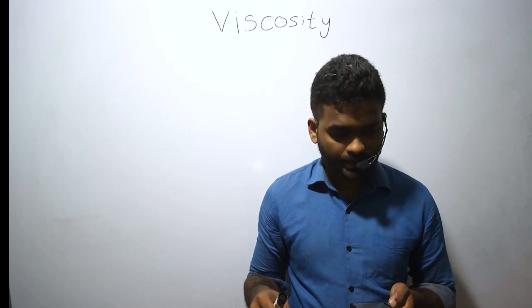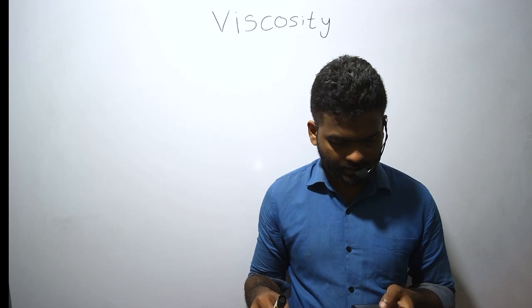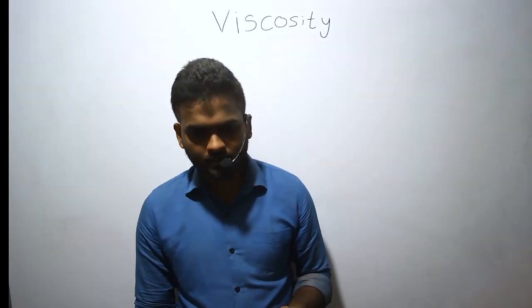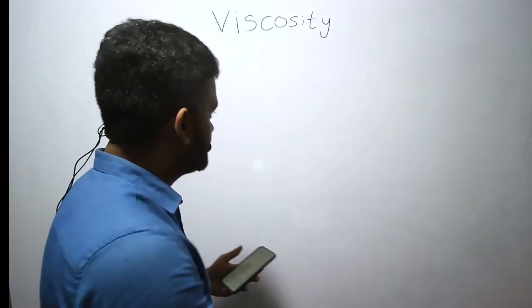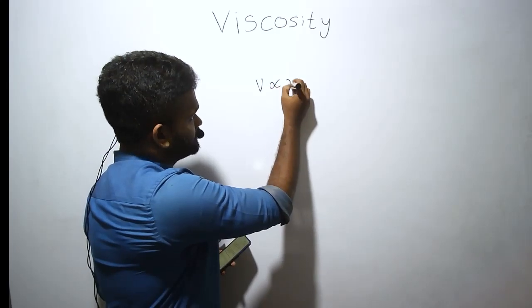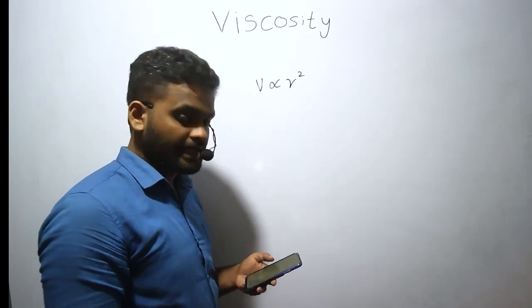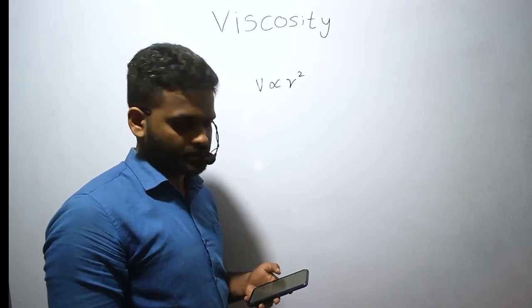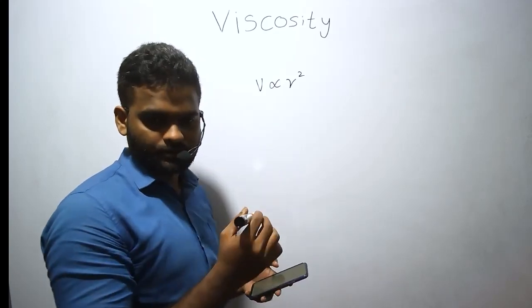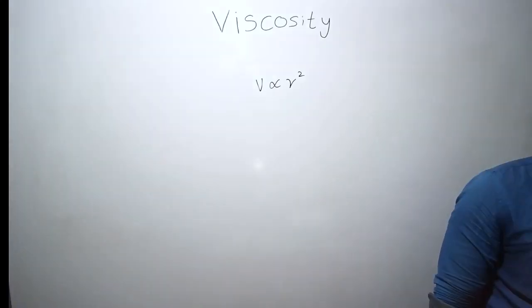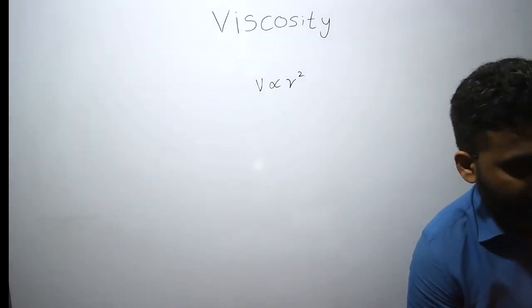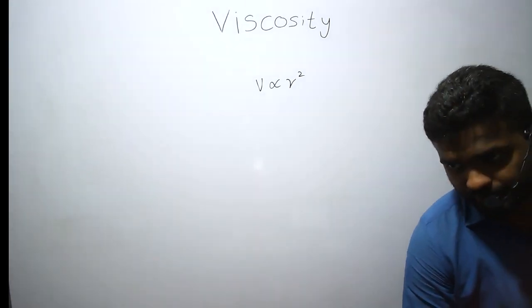Next one, 40. Terminal velocity is directly proportional, not inversely. So V1 over V2 should be what? Just consider the standard equation.